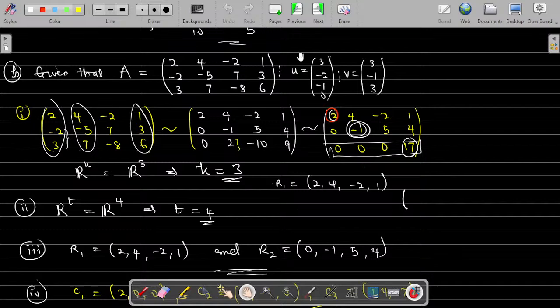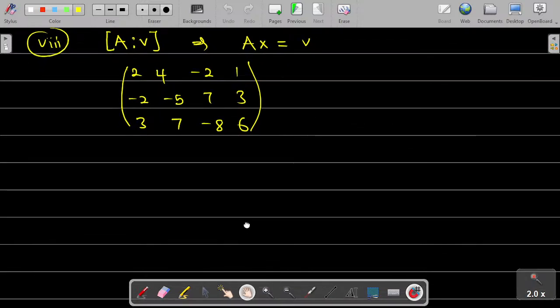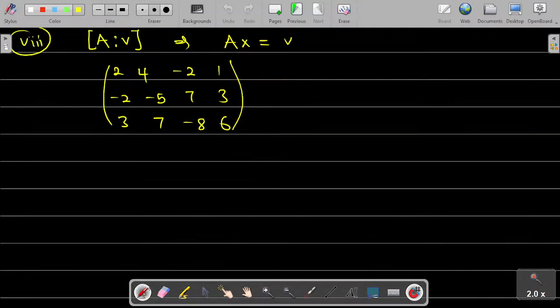So that means columns 1, 2, and 4 are going to be part of the column space. In other words, our column space is going to have only 2, minus 2, 3, then 4, minus 5, 7, then the fourth one, which is 1, 3, and 6. And then you will now join our V to it.